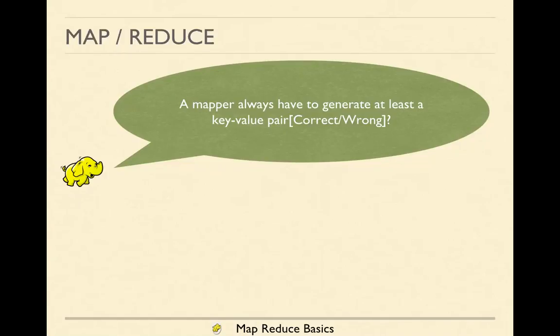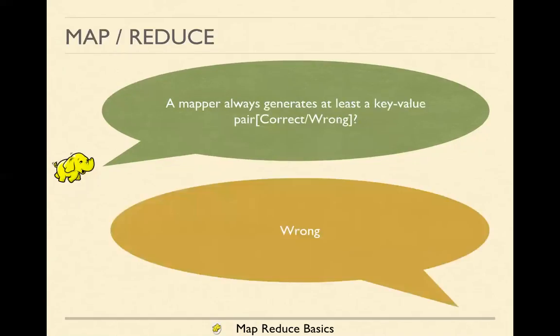That could be a case, right? So "a mapper always has to generate at least a key value pair" is wrong. It is wrong because a mapper can choose not to generate a single key value pair or can generate many key value pairs. It all depends on the code.